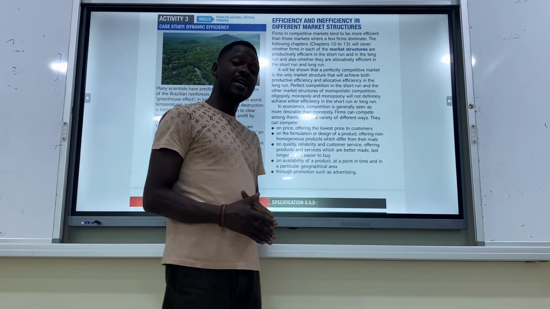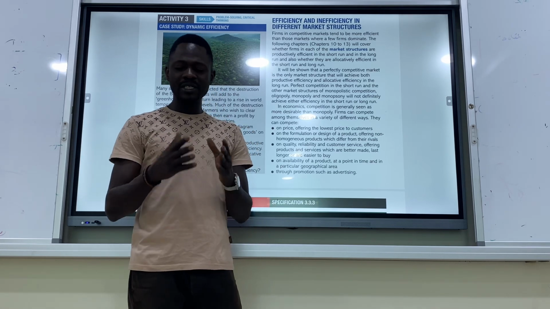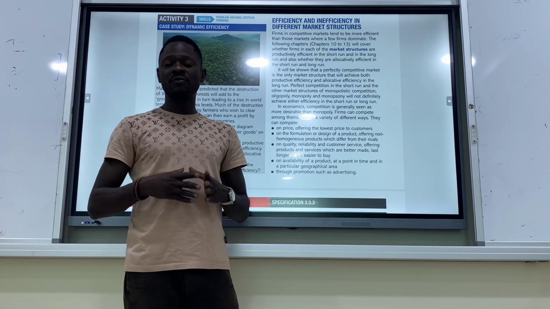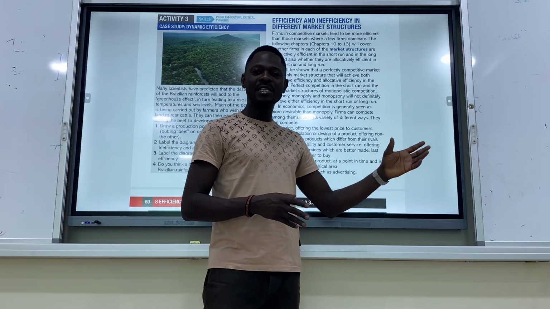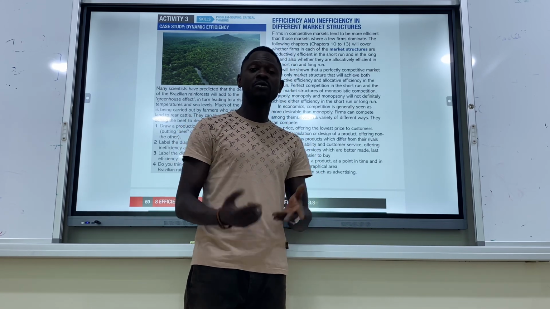We have to bear in mind that economics is all about allocation of resources. Why is economics about allocation of resources? Because of the basic economic problem of scarcity. So we have to decide what to produce, how to produce, and for whom to produce.